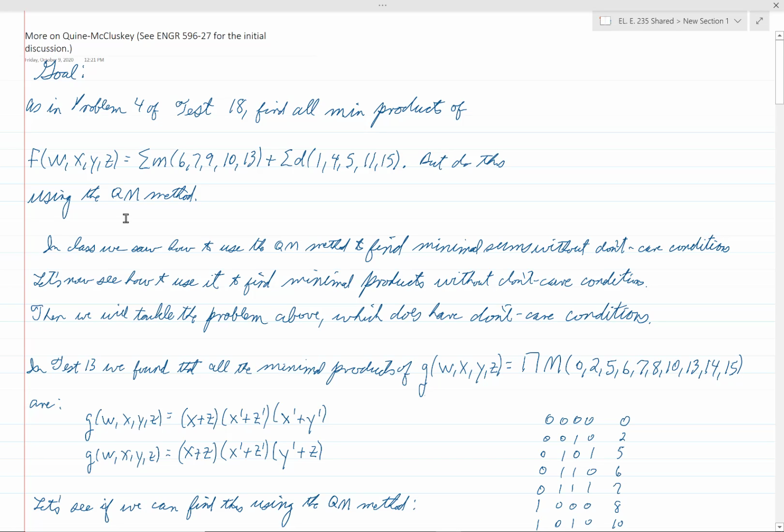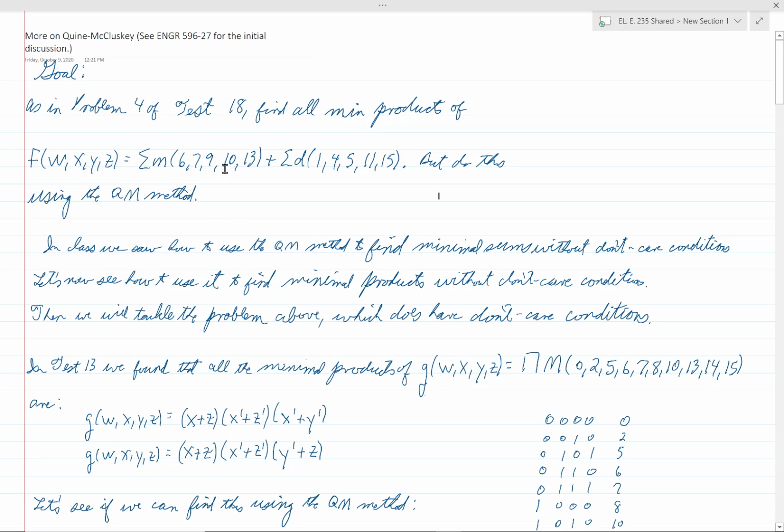And in that video, we saw how to use the Quine-McCluskey method to find minimal sums for a problem where there were no don't care conditions. But our goal here is to see how to use the Quine-McCluskey method to solve this problem, and it differs from what's in this video in 2 ways.